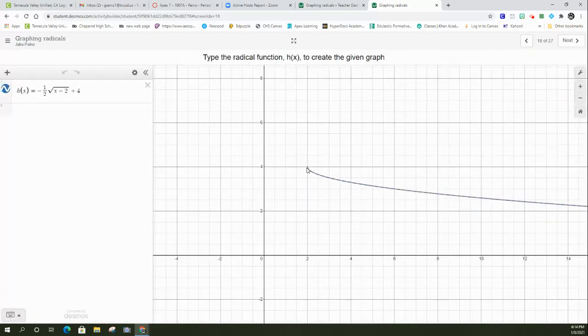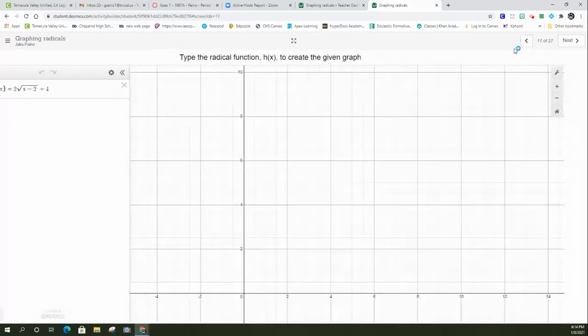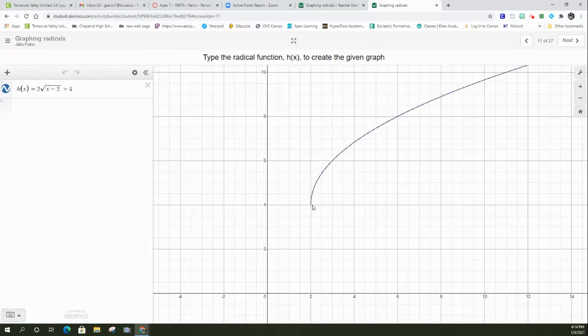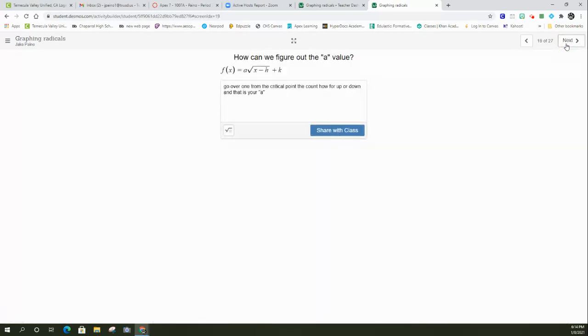From the critical point, you go over 1 and you count how far up or down, and that's your a. I'm counting down in this case, down 1/2, so a is negative 1/2. On the previous one, from your critical point, you go over 1, count up 1, 2. I went up 2, so a is 2. And just a side note, there is an algebraic way to figure this out.